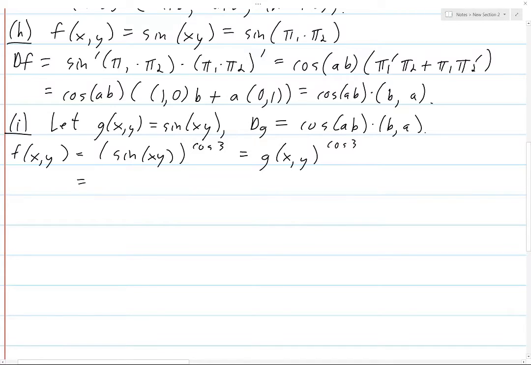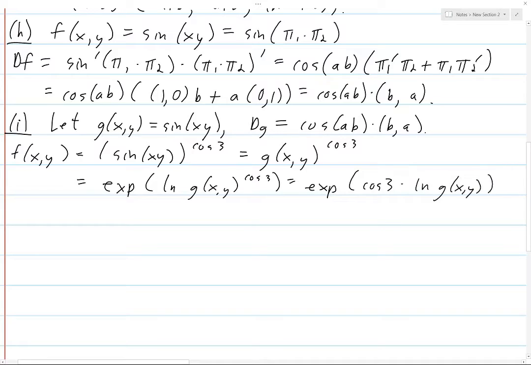And then, of course, because this is something being raised to a power, we want to write it using exponentials. So this is the exponential of the natural log of g of x, y to the cosine of 3. And so it's the exponential of cosine of 3 times the natural log of g of x, y.